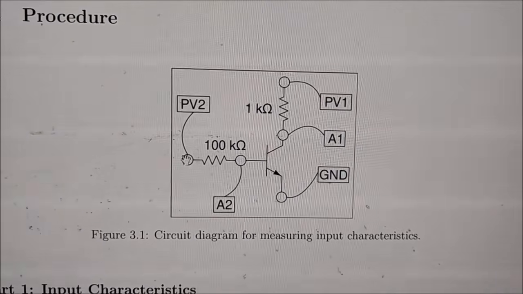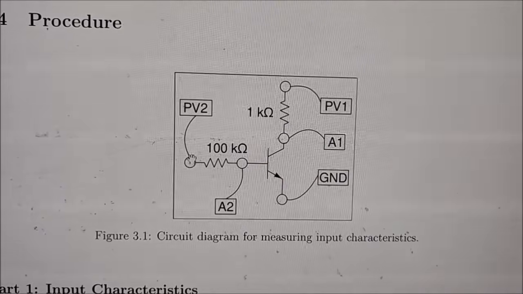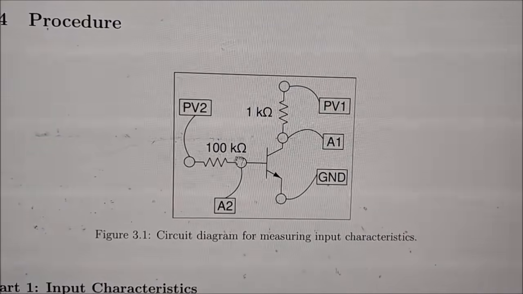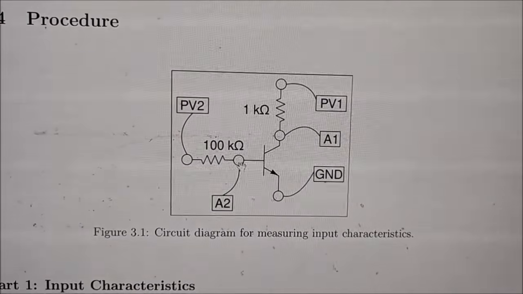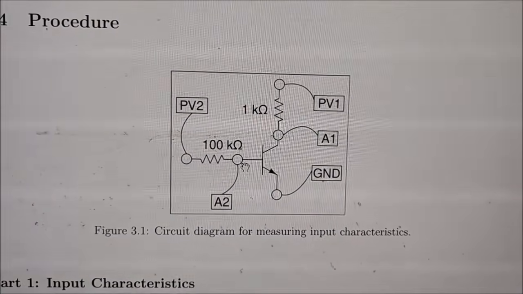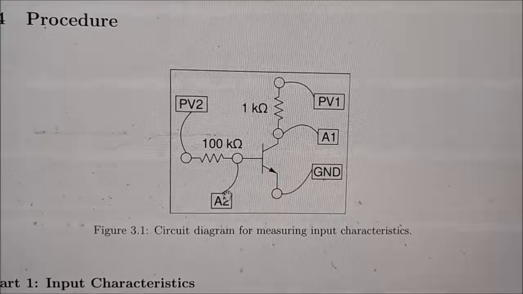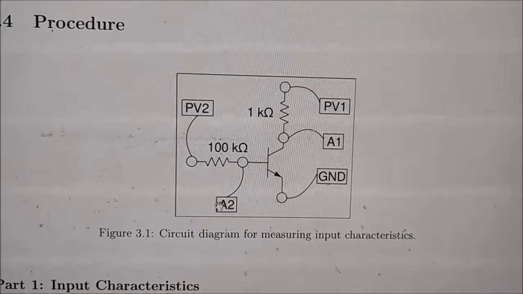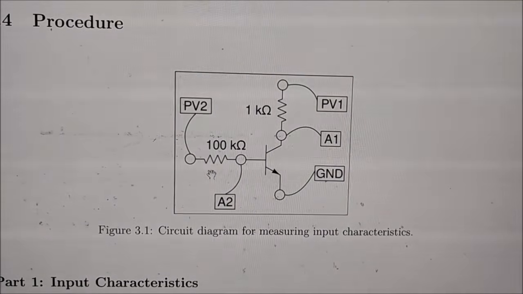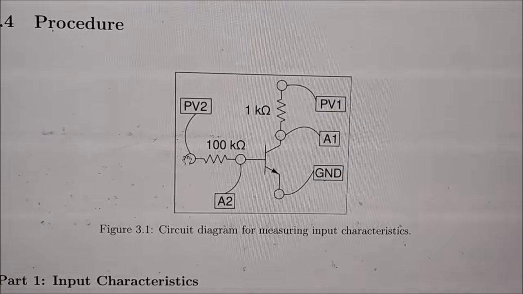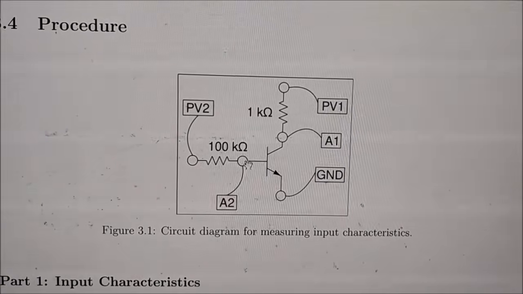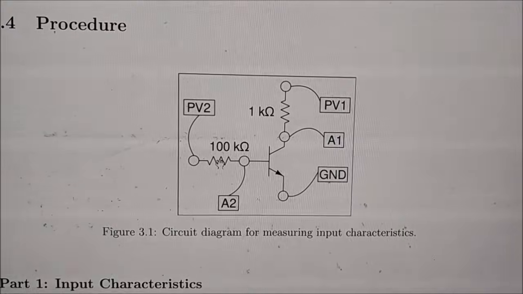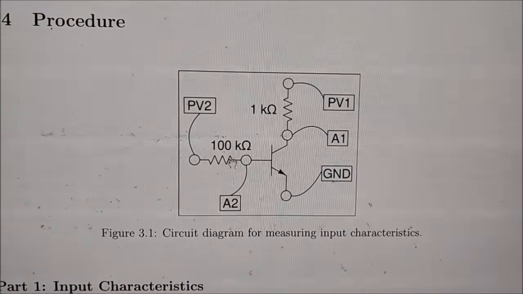Basically if we increase the voltage across this PV2, the current through this will increase. To find it out, we will find the value of A2, subtract it from our supply voltage PV2, and then divide by this resistance. Then only we will get the current flowing through this.